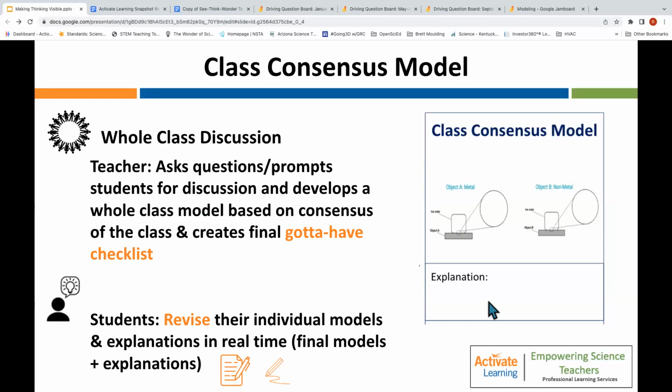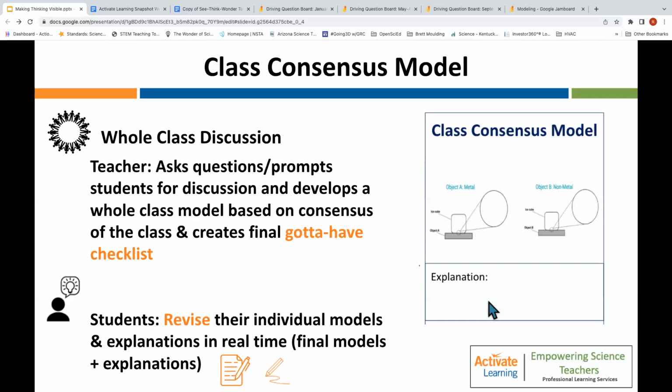and have a whole class sense-making circle discussion, where I'm going to ask them carefully crafted questions to extract from their minds and make their thinking visible as a whole class. We're going to combine all of our ideas. I will be charting the class consensus model and the explanation. While I'm doing that, what I ask the kids to do is, hey, get out your initial models.